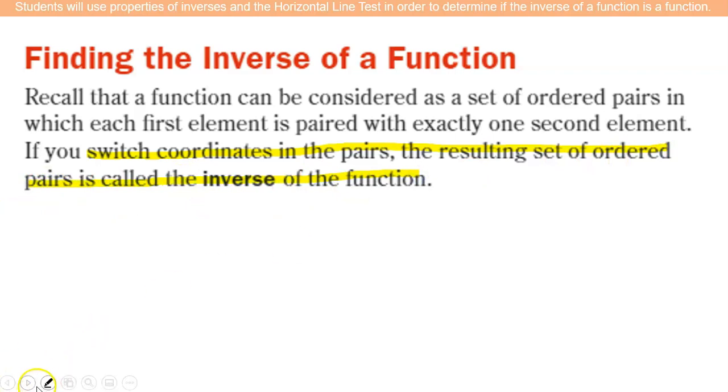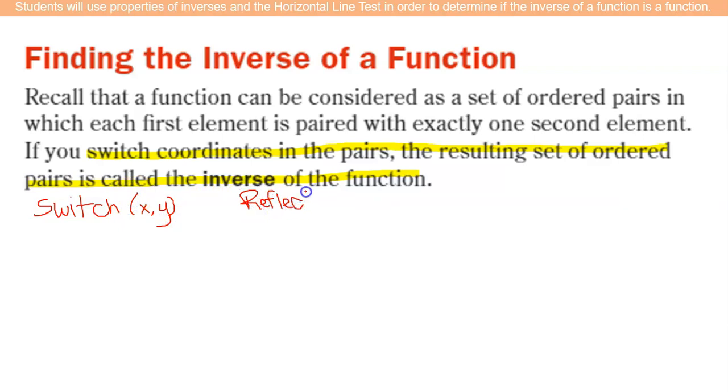So this actually comes about when we switch our x and y. So to find an inverse, you switch x and y coordinates. Now, if you're looking at a graph, that means you're going to reflect over the line y equals x.